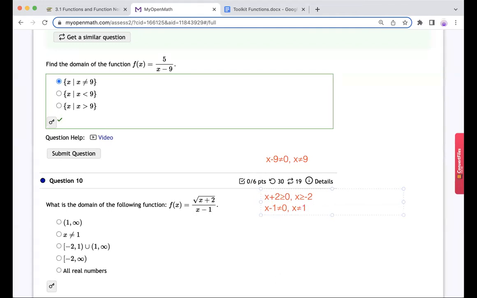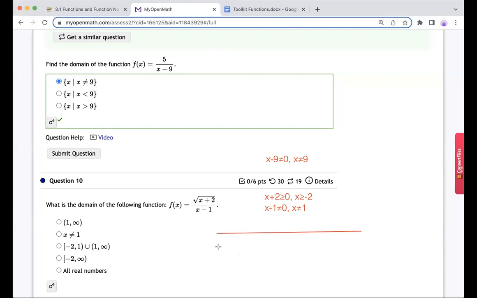Now these two conditions together, you're going to put them on a line. So I'm going to have a number line. My number line goes forever, so it can go forever to the left and forever to the right.